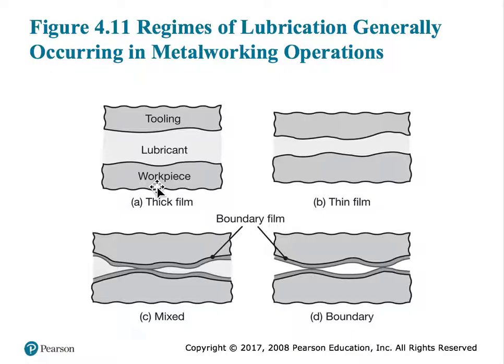So what levels of lubrication do you require in order for it to apply to the manufacturing process? Say for example, if you are machining, between the tooling and the workpiece, you are going to have a very thick layer of lubricant, because if you don't, then you're going to create considerable wear of the particle and the tooling material.